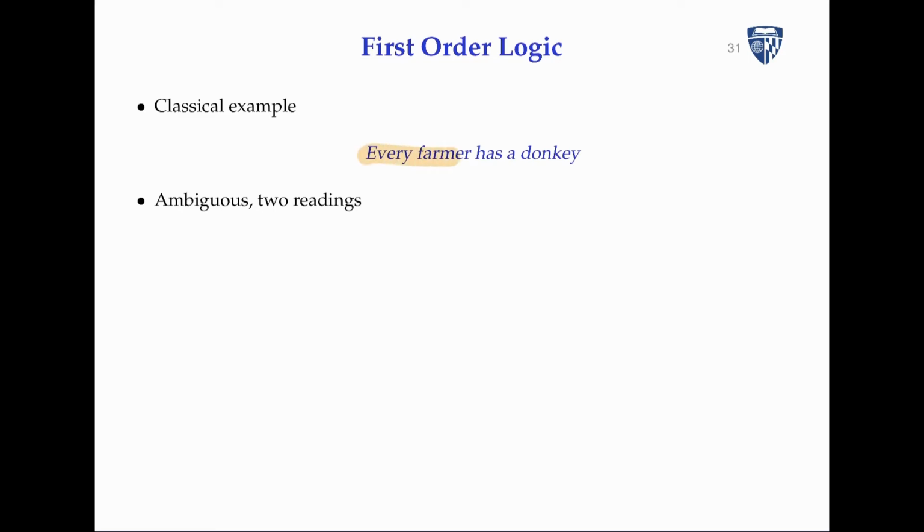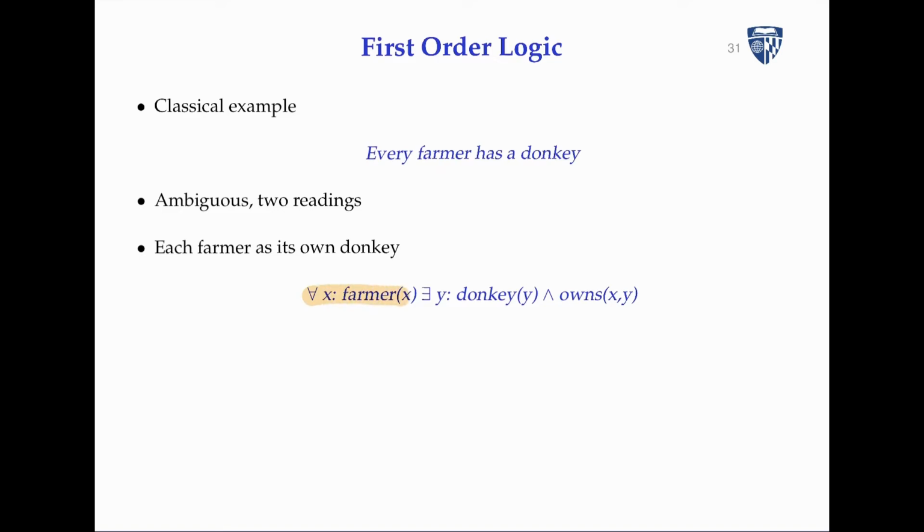Every farmer has a donkey. It actually is ambiguous. It has two readings. The first reading is: for all farmers X, there exists a donkey Y, and X owns the donkey Y. So that basically means that each farmer in the world has a donkey.